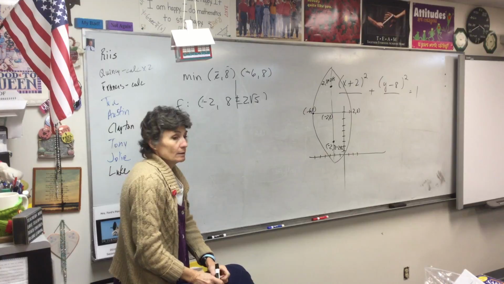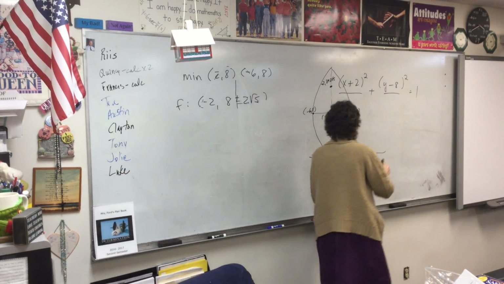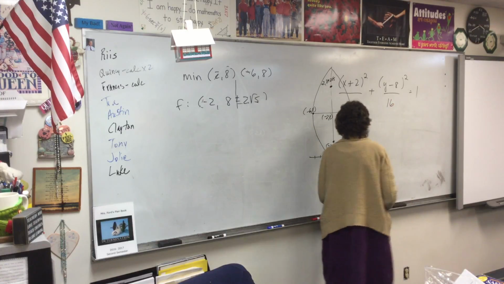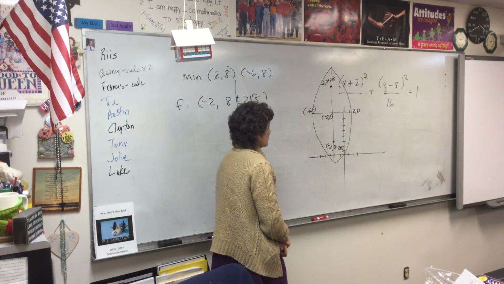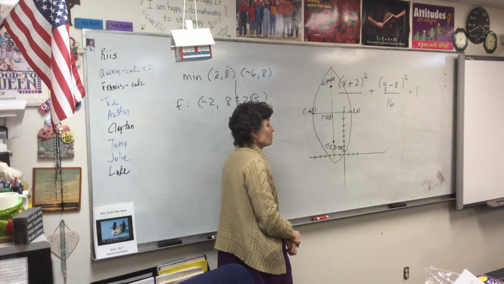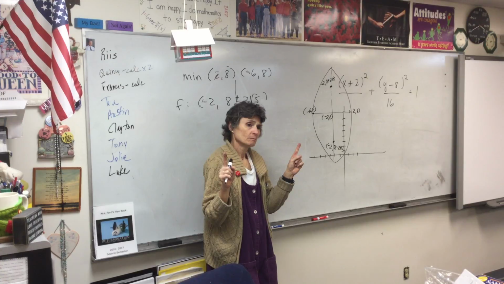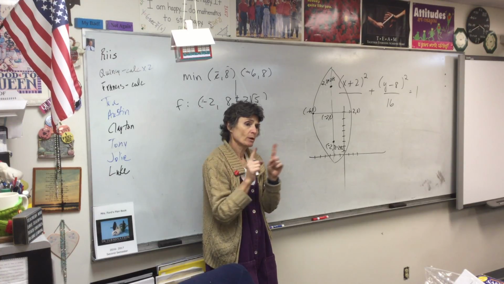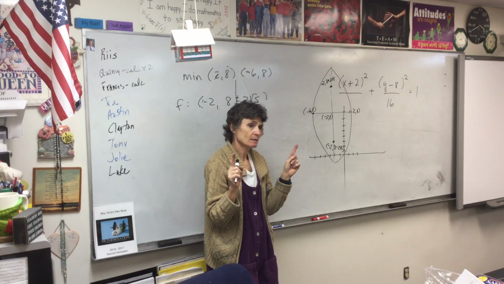No, x is over 16. We know x is over 16. How do we know x is over 16? Because the distance from the center to the vertex is 4. So you square that. Okay, which way am I going? Horizontally. 4. I'm going horizontally. So where should that 16 be?